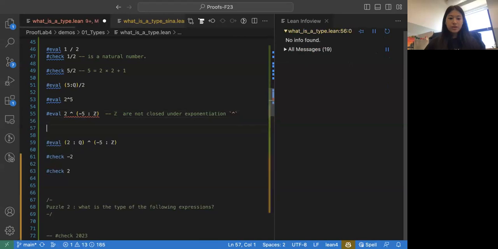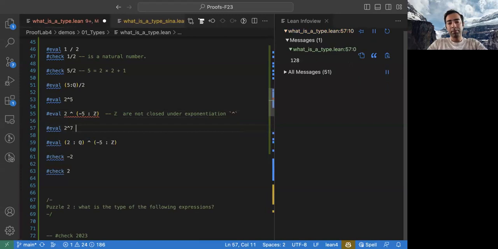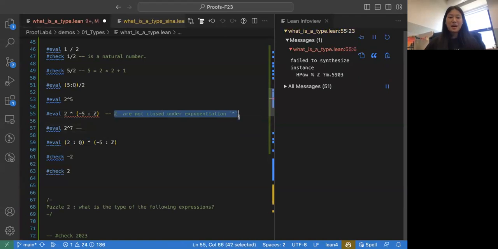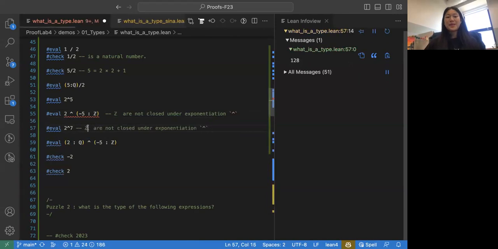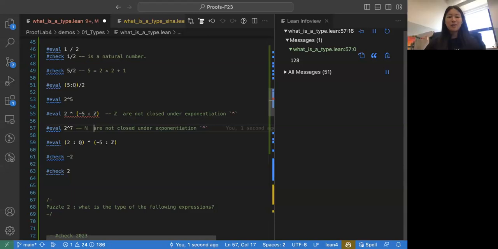I have another question. Natural numbers are closed under exponentiation, so we don't have that problem with natural numbers. Sorry, go on. That was a question. Oh, sorry. Yeah. I was wondering, it seems like every time you have a problem with the types not matching up or it not understanding because -1 doesn't exist as a natural number, the problems are generally solved by upgrading your type, one category, to the next bigger bucket.